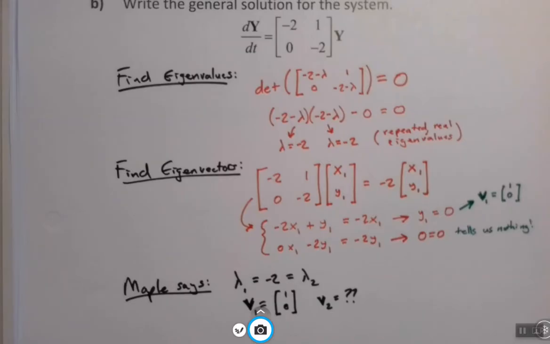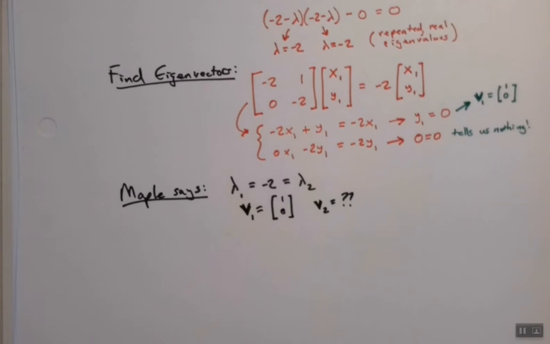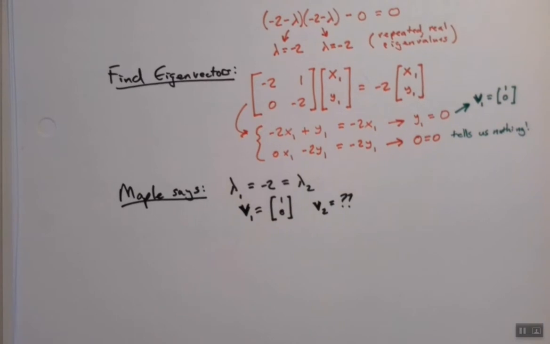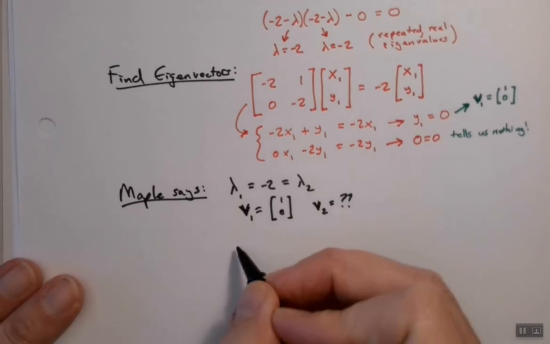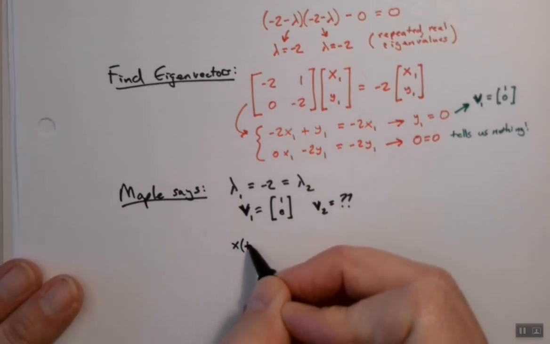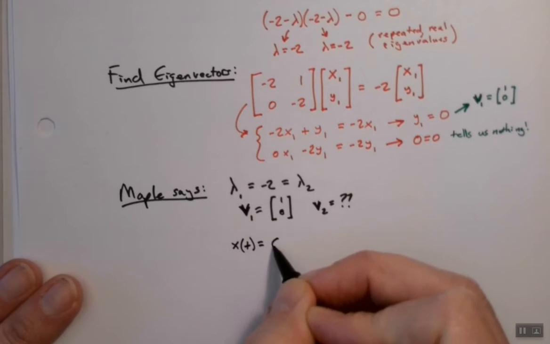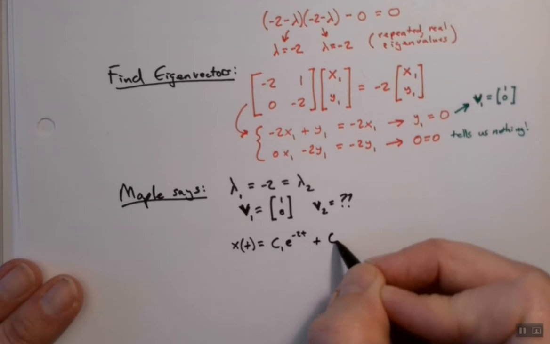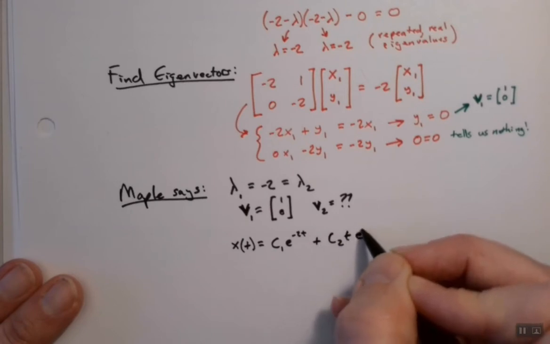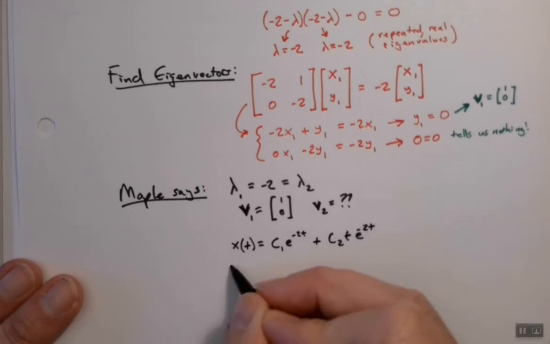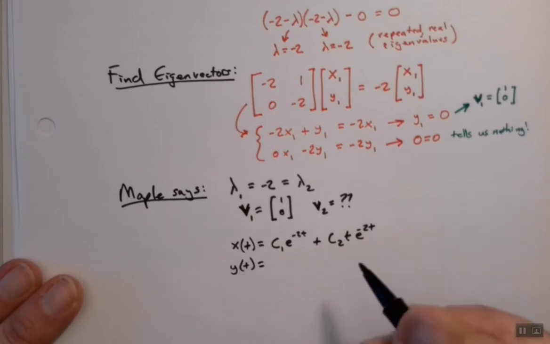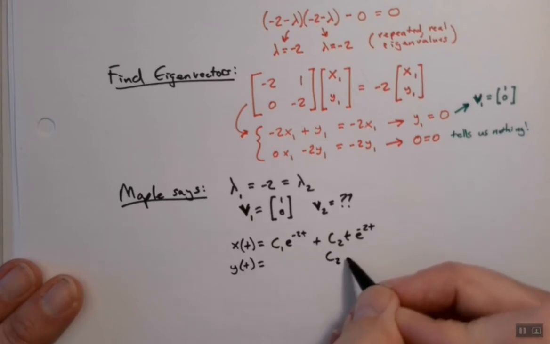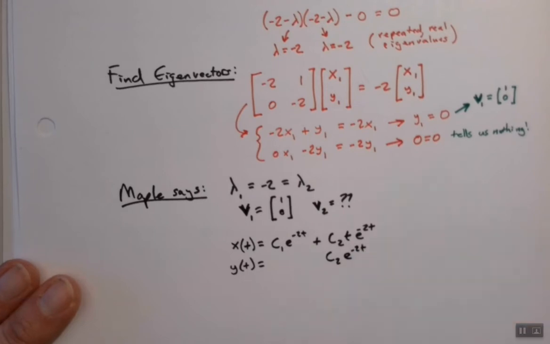So back to our screen here, what Maple is saying is not making a whole lot of sense. And we know that by dsolve, we wound up with a situation that looks like this. x of t was a constant times e to the minus 2t plus another constant times t times e to the minus 2t. And y of t, because we know it's partially decoupled, just turns out to be c2 times e to the minus 2t.